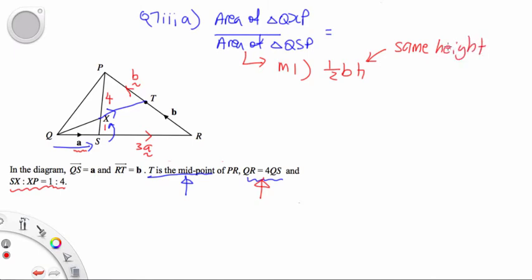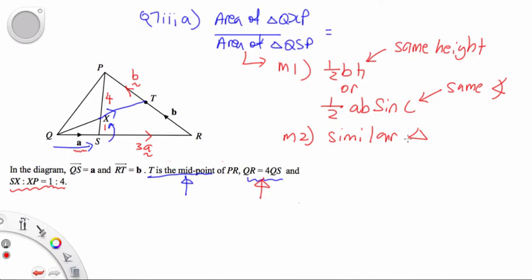Or you can use half AB sine C. That means both of these triangles must share the same angle. So this is method 1. Method 2, they must be similar triangles.